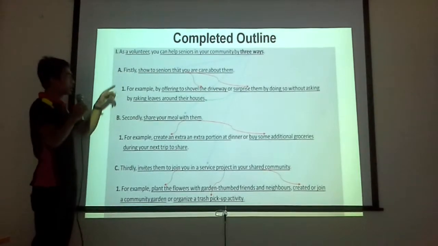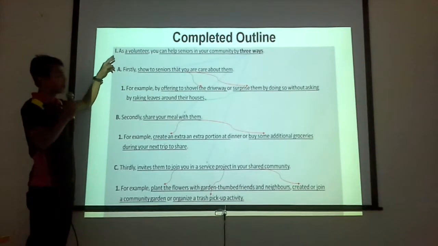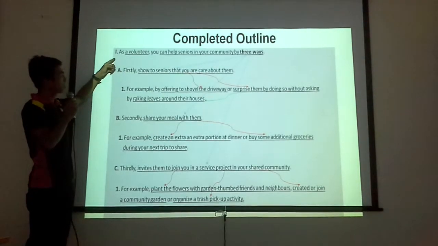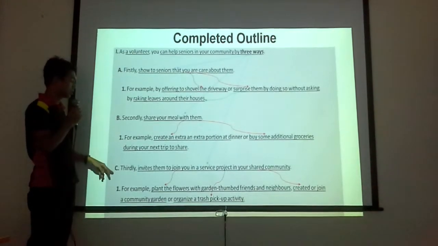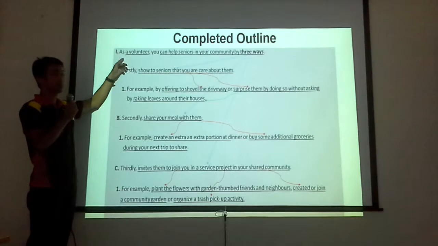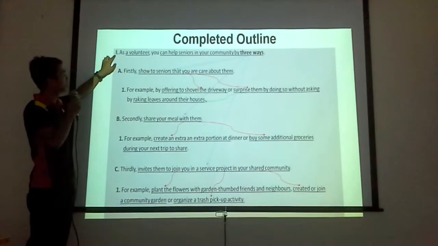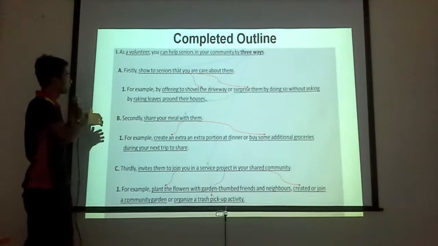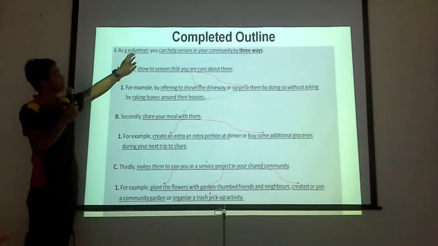Then as I told you before, in my paragraph writing, I have a main point and 3 supporting points that support the main point, represented by Roman number 1. So I want to explain how it can be a main point.